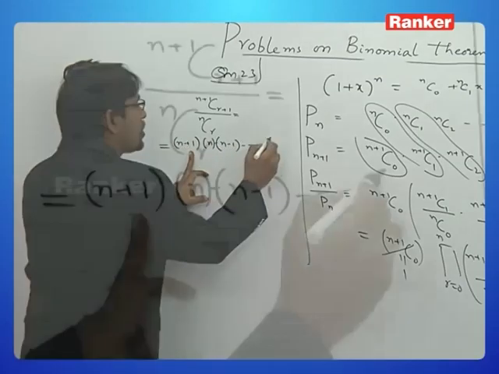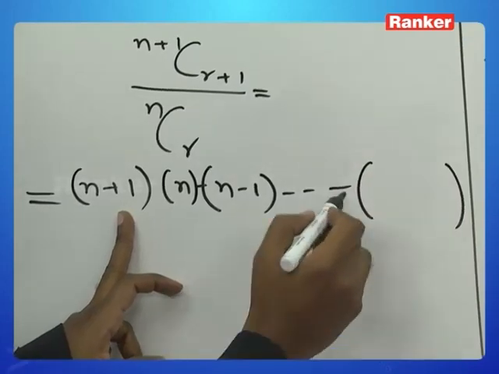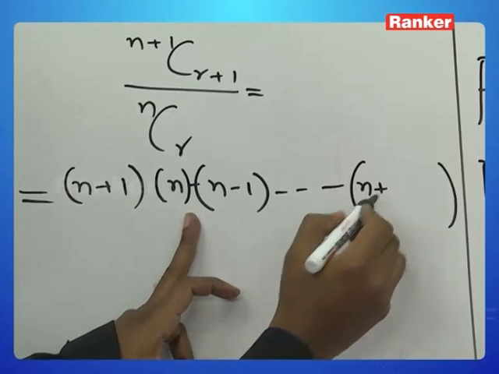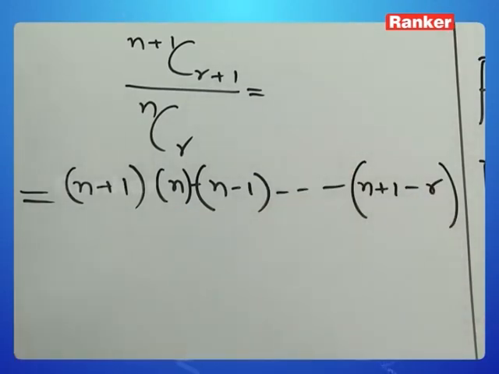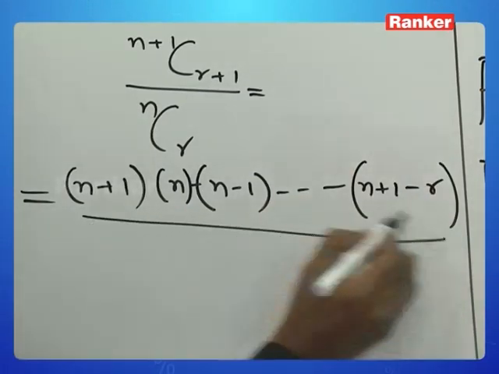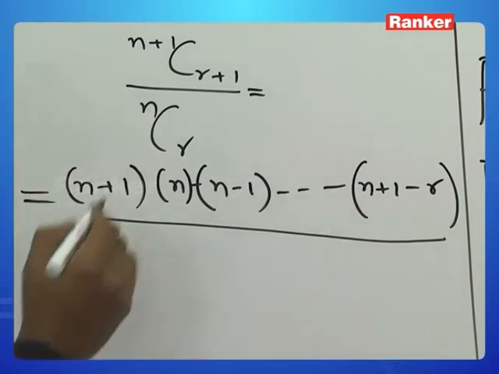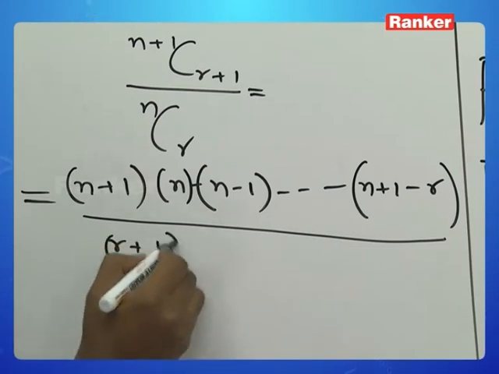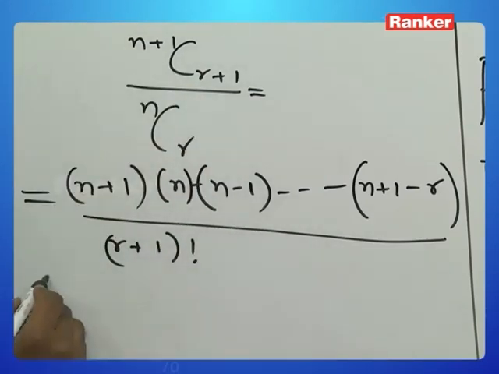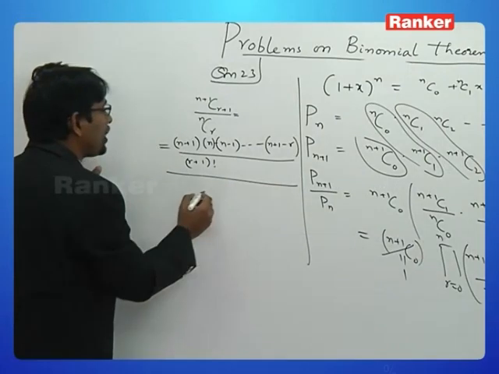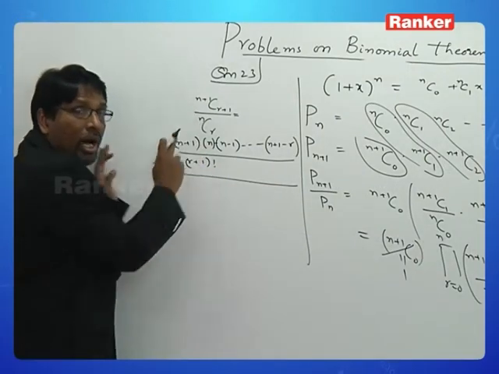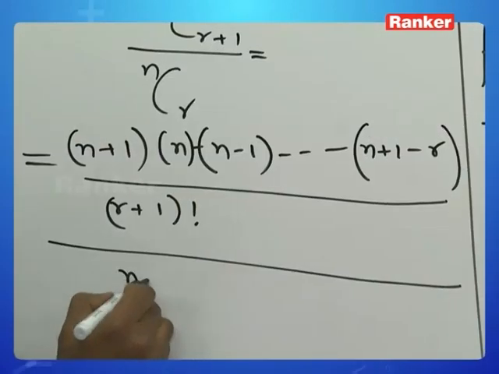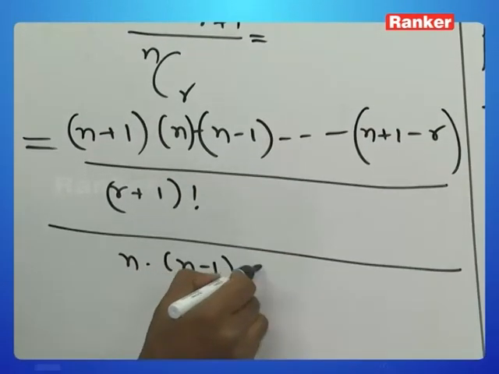So when you are writing r plus 1 consecutive numbers, you will be subtracting r: (n+1 minus r), divided by (r+1) factorial. That is what you get in the numerator. In the denominator, we will have r consecutive numbers starting from n into (n minus 1) and so on.